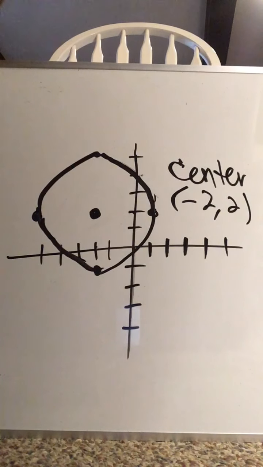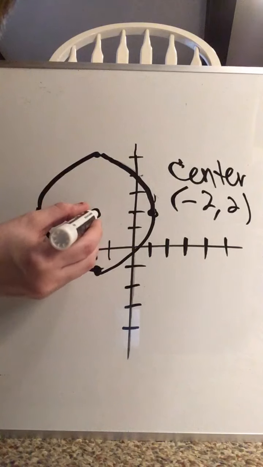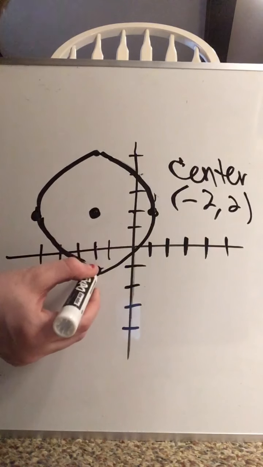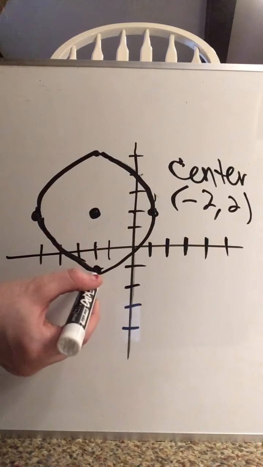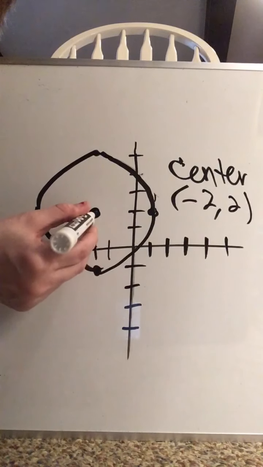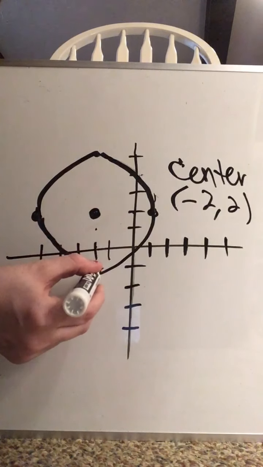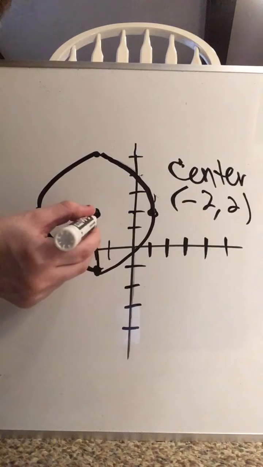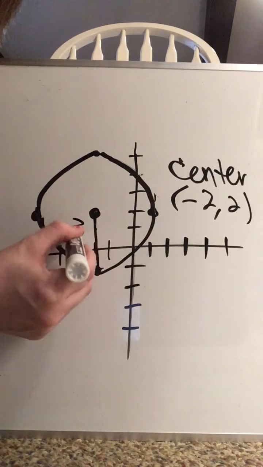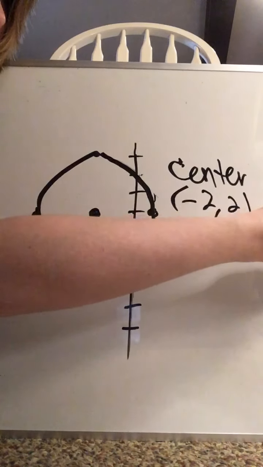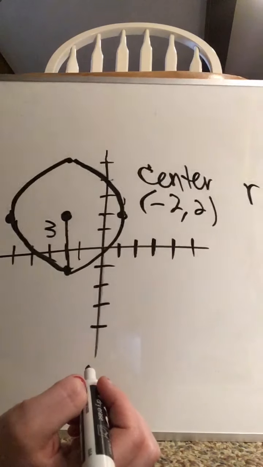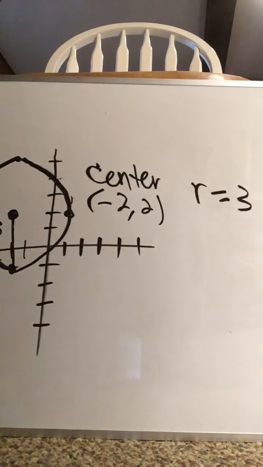The center is at (-2, 2). So from here, you're going to count how many units you have to go down to be in line with this dot, like to get to this dot. So 1, 2, 3. That tells me the radius here is 3. So r equals 3.